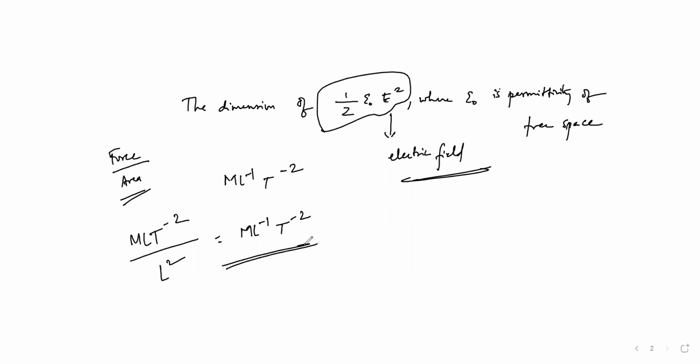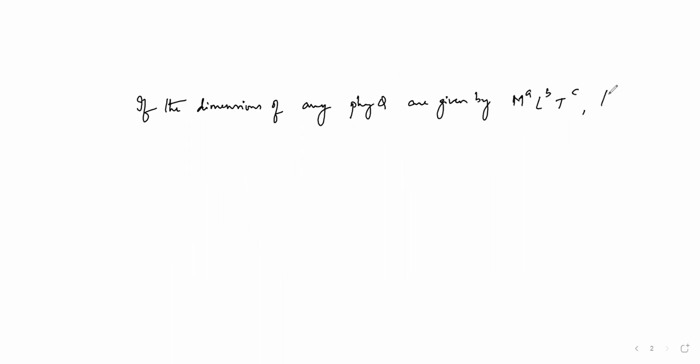Next question. If the dimensions of any physical quantity are given by M^a L^b T^c, then the physical quantity will be dash.